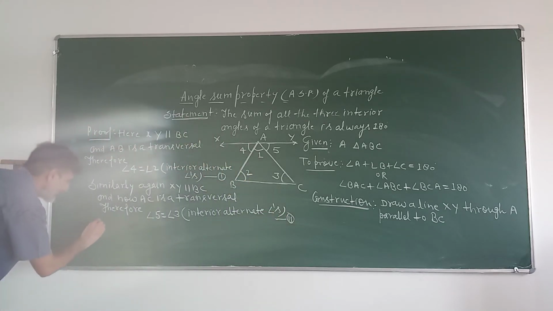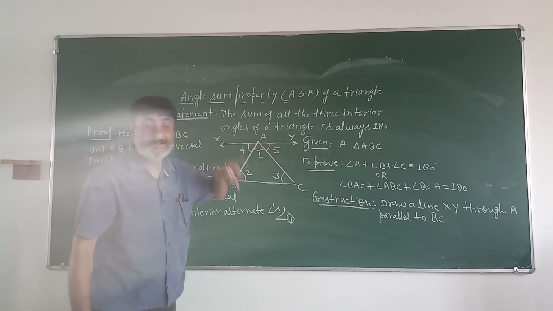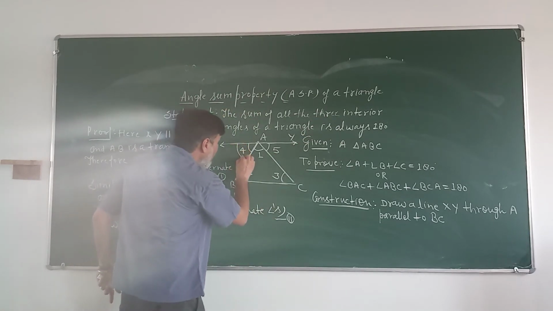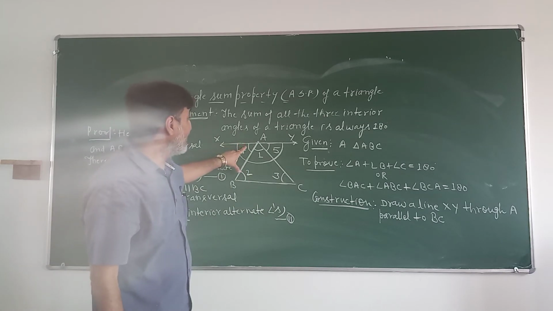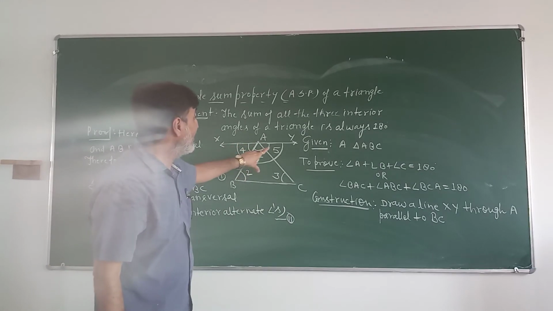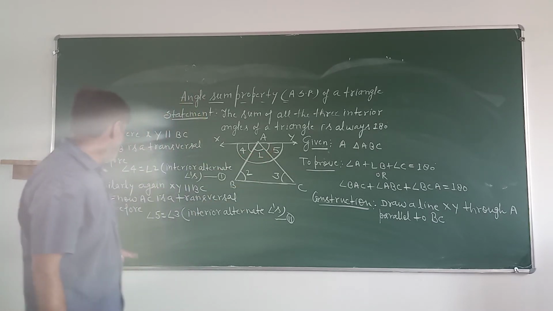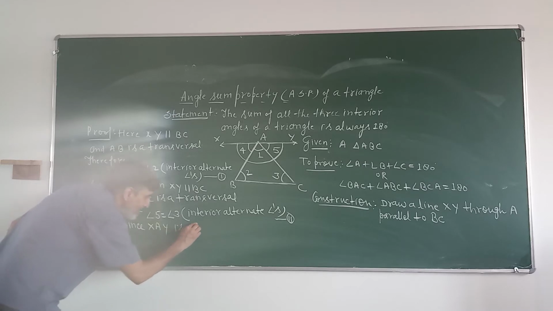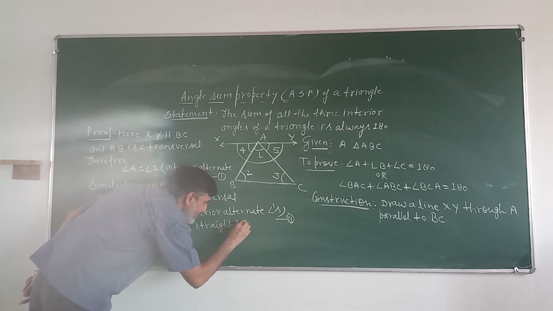Now students, since XAY is a straight line, this whole angle becomes a straight angle. The sum of all these three angles, angle 4, angle 1 and angle 5, becomes equal to 180 degrees.